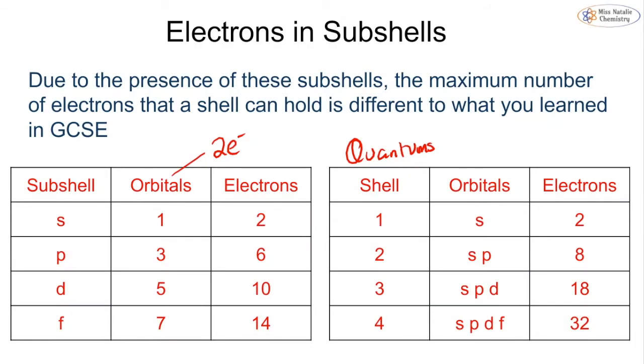So it can hold now a total of 18 electrons. And from energy level 4 and above, it can hold 32 electrons. Now, as I said, don't worry too much about the F orbitals just now. What we're going to be focusing on is just the first 3 quantum shells.